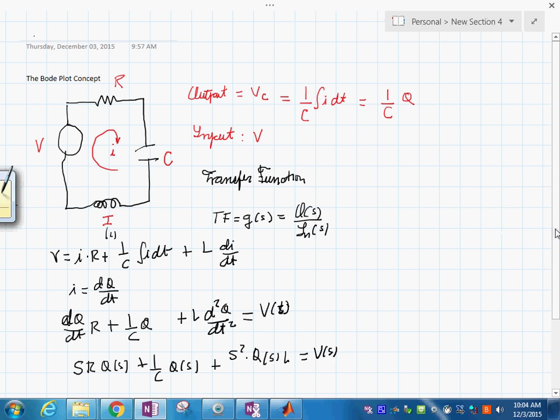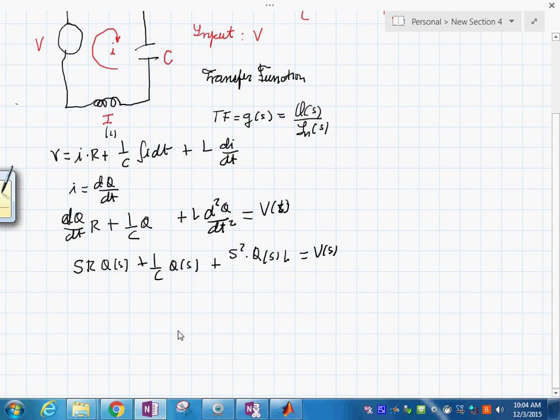If we look in more detail and factor this, you could have S squared times L plus SR plus 1 over C, times Q of S.